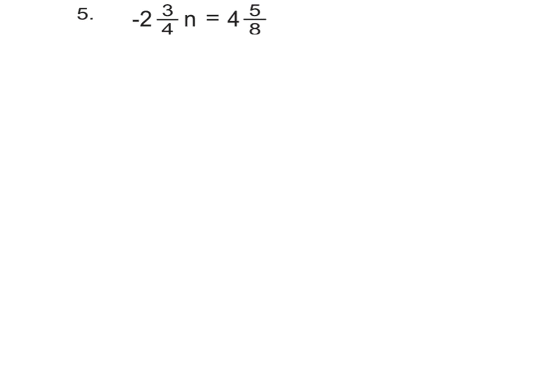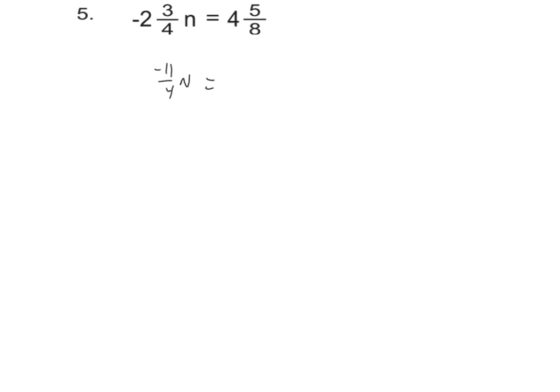Emily, you there already? You got your improper fractions? So Julia, what's your left fraction? Great, so that is correct, right? That's a -11/4. Negative the quantity 2 times 4 plus 3 gives you -11/4.